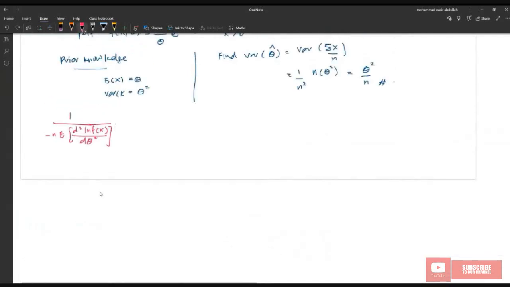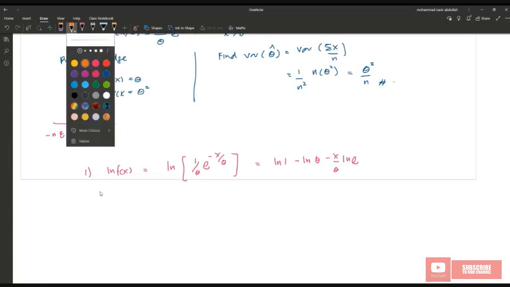So step number 1, we need to find ln fx. So ln fx is ln of the PDF, 1 over theta exponential negative x over theta. So this one should be equal to ln 1 minus ln theta for the first part. For the second part, we bring x over theta to the front, x over theta ln exponential.